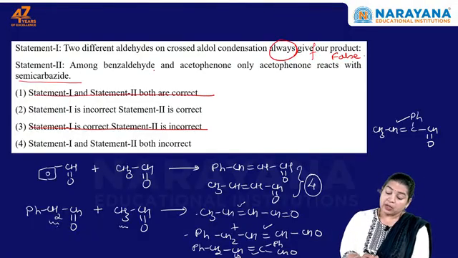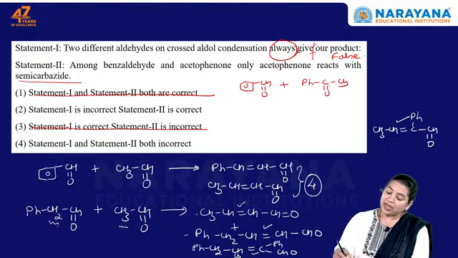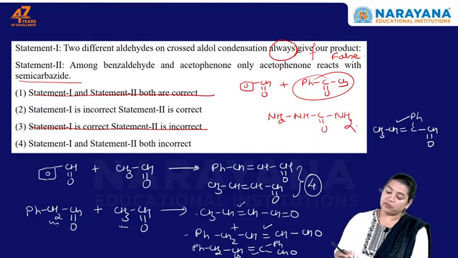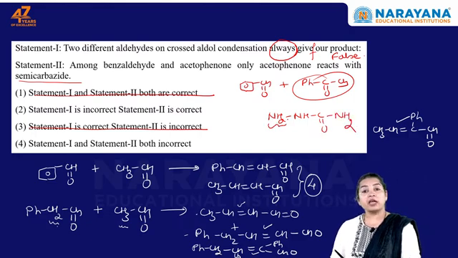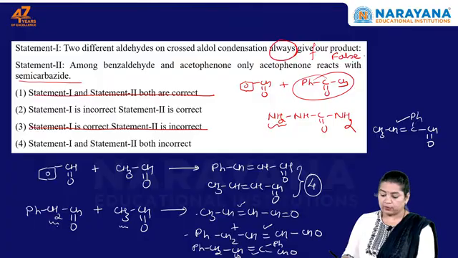Coming to the next, among benzaldehyde and acetophenone, that is PhCHO and acetophenone, PhCOCH3, only acetophenone reacts with semicarbazide. All of you must be remembering what semicarbazide is. It is a reaction of addition of aldehydes and ketones with ammonia and its derivatives.